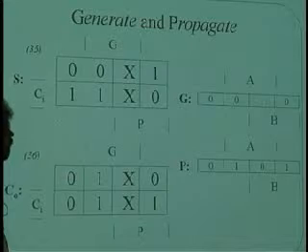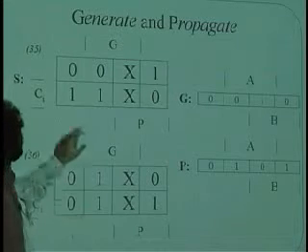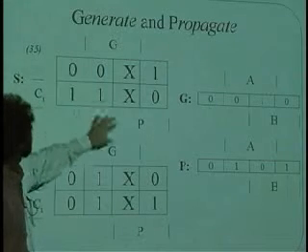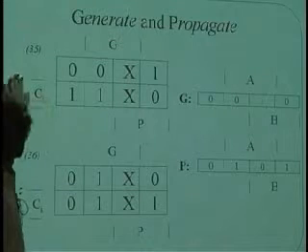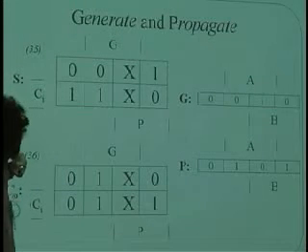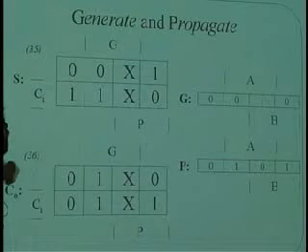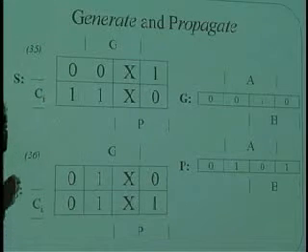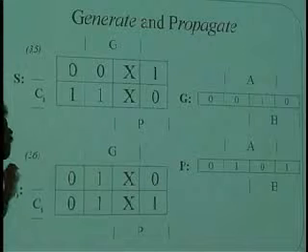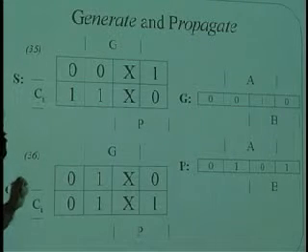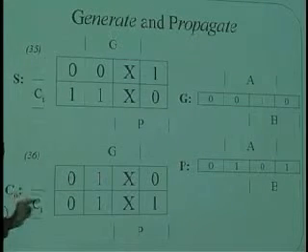It's exactly the same as before, except that if the generate and propagate are off, then the sum depends on C sub I, 0 and 1. If we're going to generate a carry, but we're not going to propagate a carry, then what are the inputs? The inputs are both high.